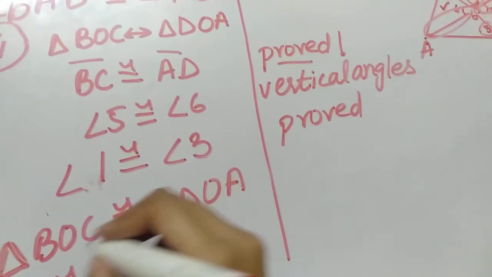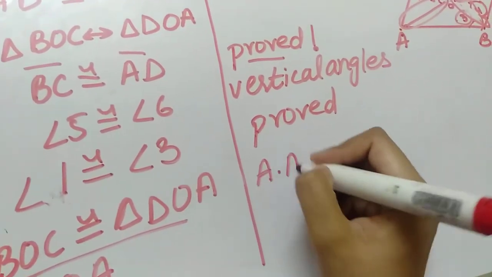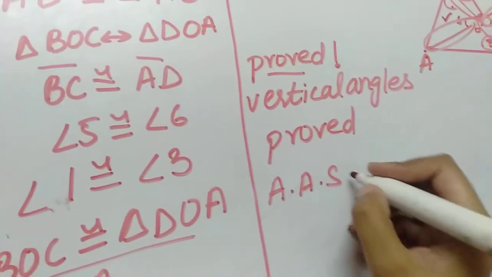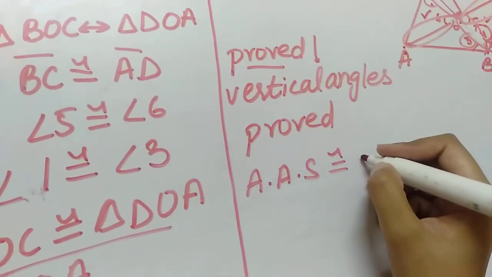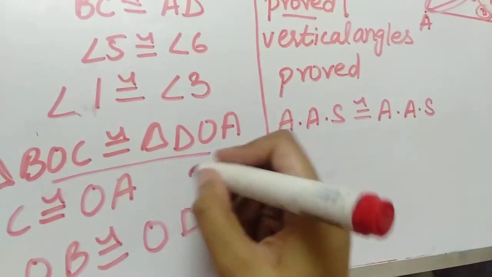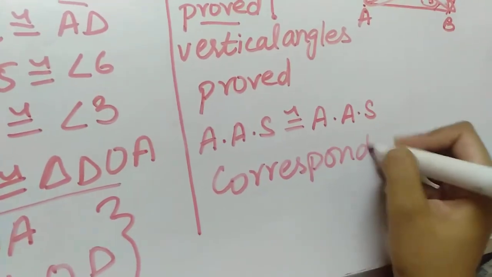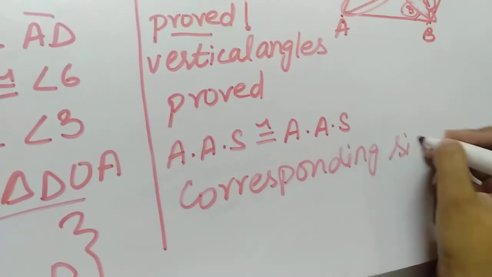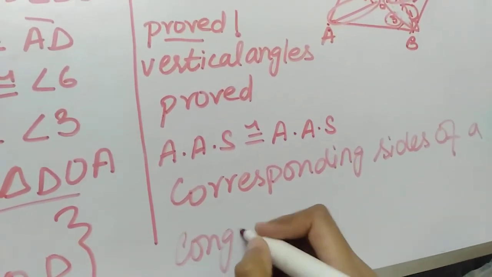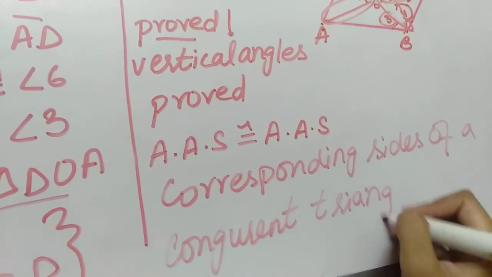The reason for these congruent triangles is the AAS postulate, because we have used two angles and one side. And the reason for these is that they are corresponding sides of congruent triangles.